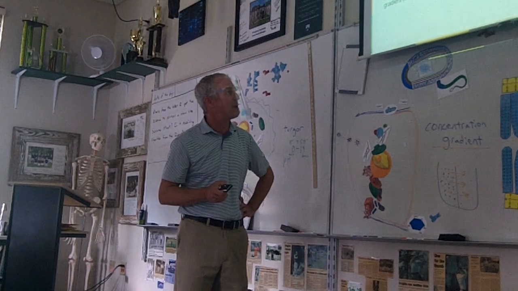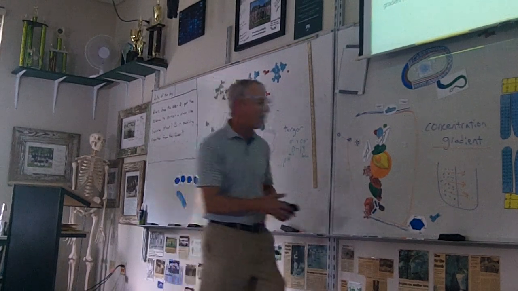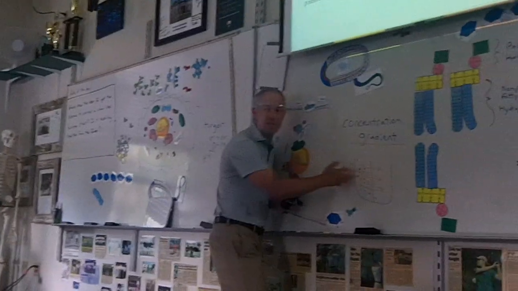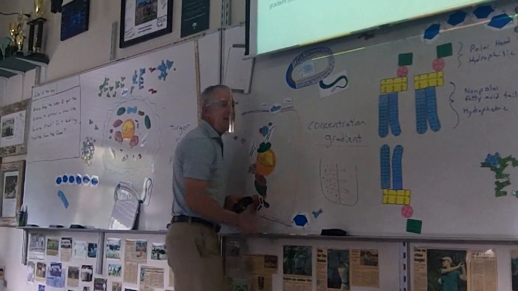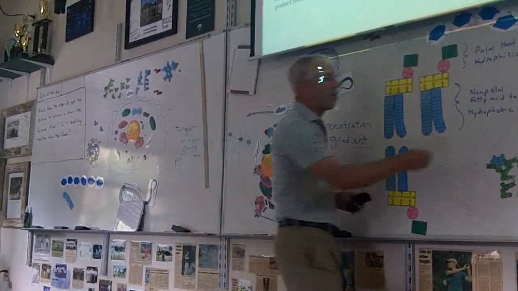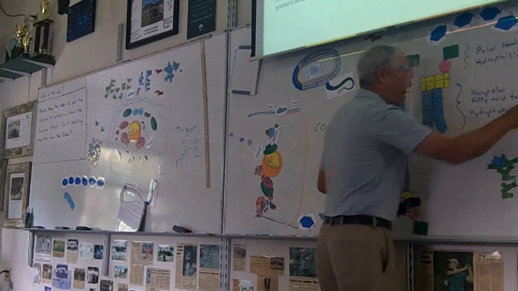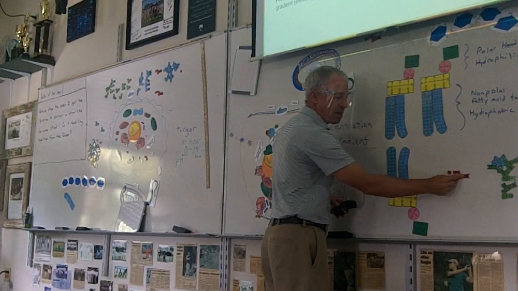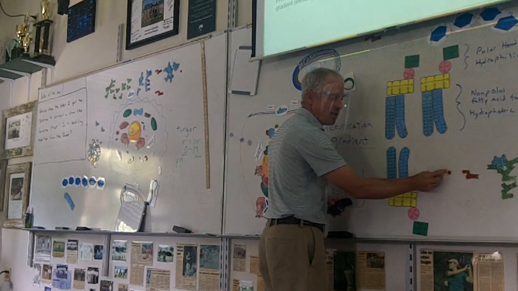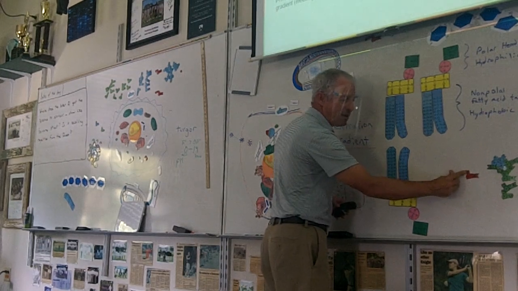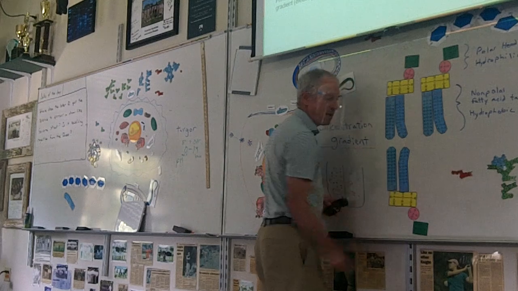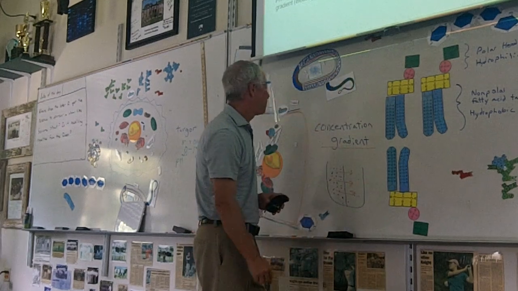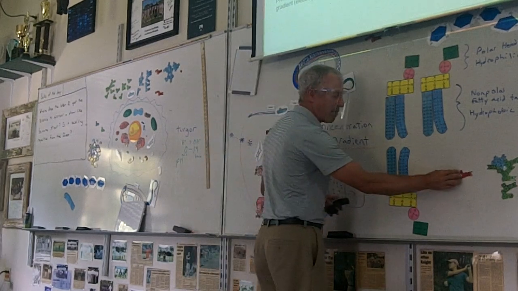ATP is necessary. Remember I said it takes energy to pull it against this concentration gradient? That energy comes in a molecule called ATP. On my magnets, this is ATP. There's an ADP and there's a P, and they come together to make ATP. And the ATP will come up to a protein.